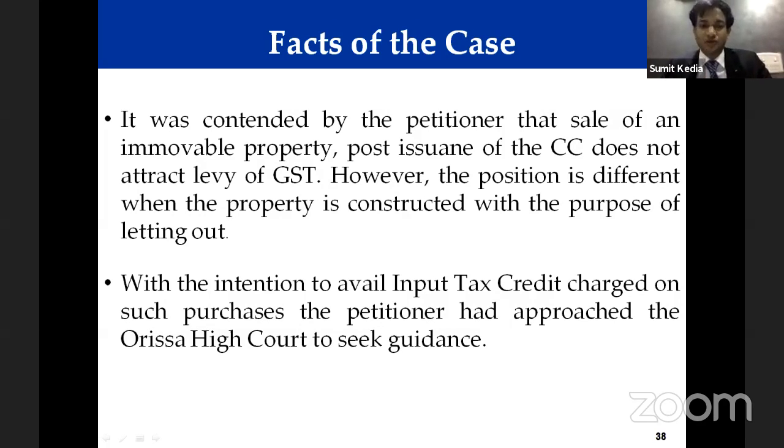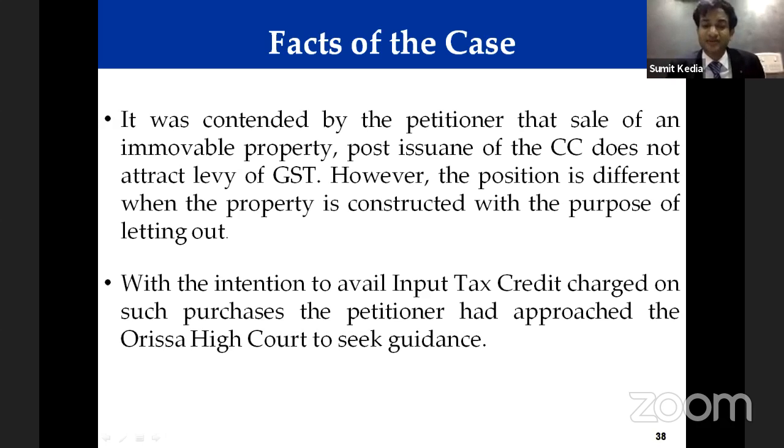The appellant sought an advance ruling stating that this engineered wooden flooring, which is movable in nature, they have capitalized as furniture and fixtures, and not added to the cost of the immovable property. Can ITC be availed on it? They said it is movable because it can be fixed to a location and later detached and fixed at another location without causing damage.